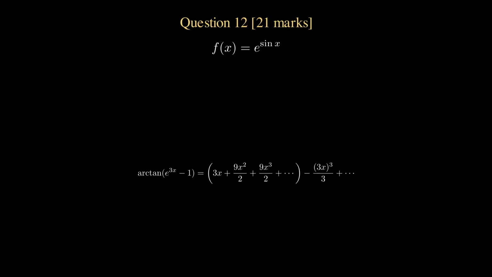Substituting e to the 3x minus 1 into the series for arctan. Simplifying, the x cubed term becomes 9 over 2 minus 27 over 3, giving minus 9 over 2. So the series is 3x plus 9x squared over 2 minus 9x cubed over 2.